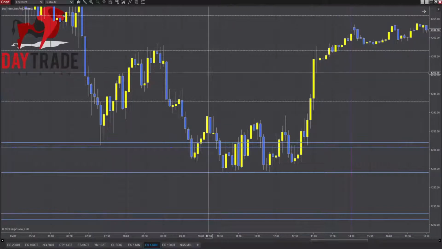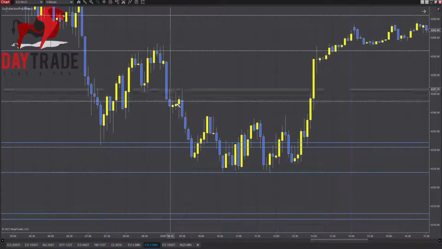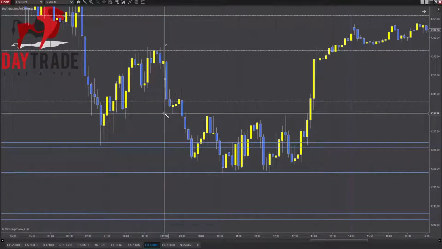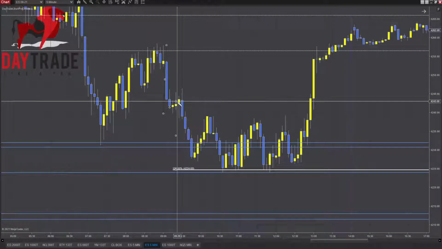The other thing I would point out that's pretty remarkable: if you measure these different breaks, so you measure here and then this break right here down to here, that gives us 2475.